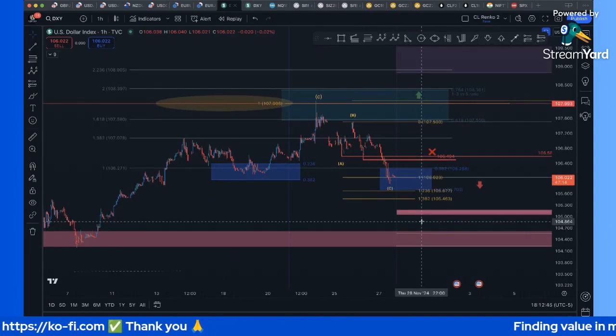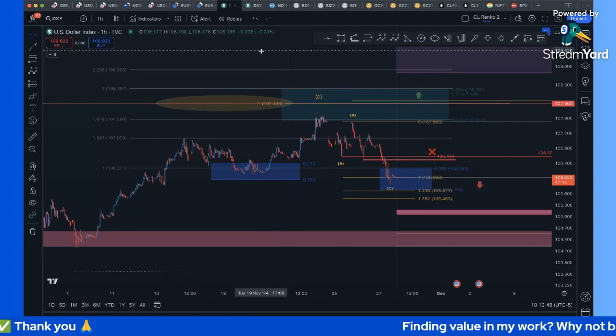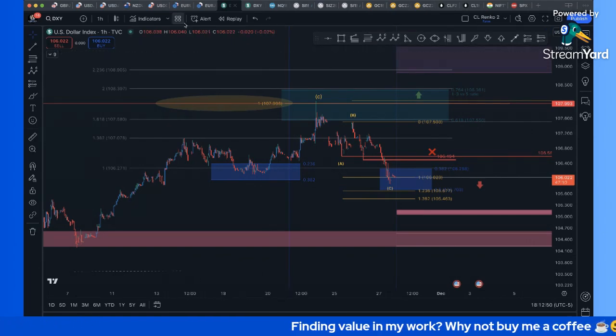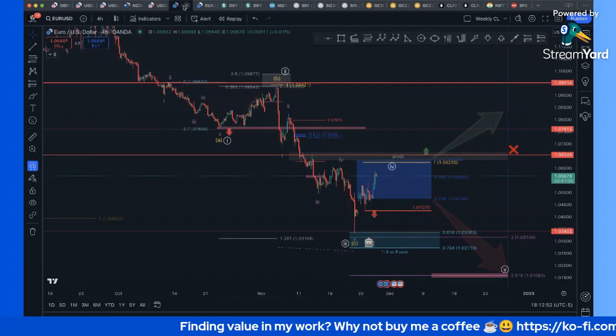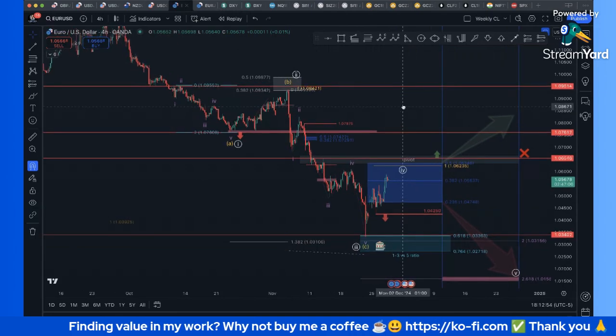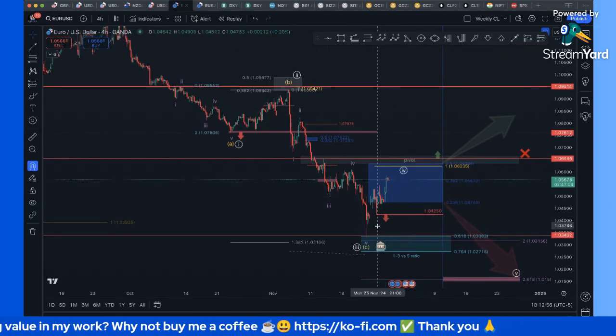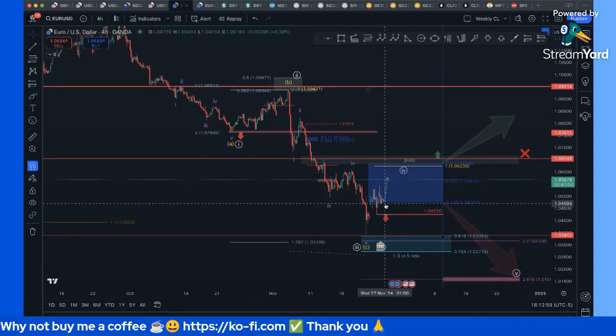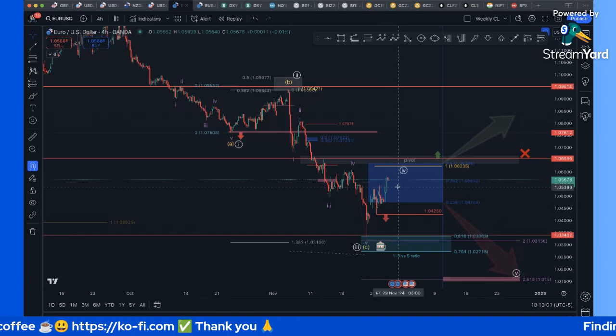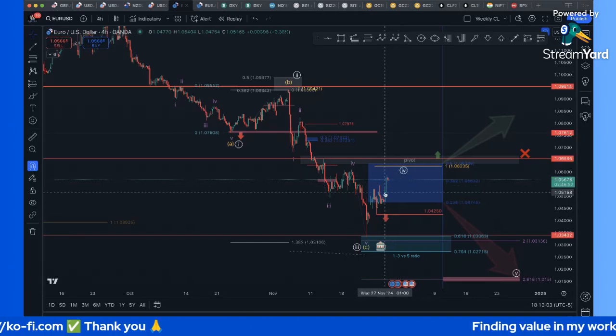The dollar is going to affect these other pairs. So, which one was I looking at? Okay, let's look at this one. So, the weaker the dollar gets, this is going to keep coming higher.